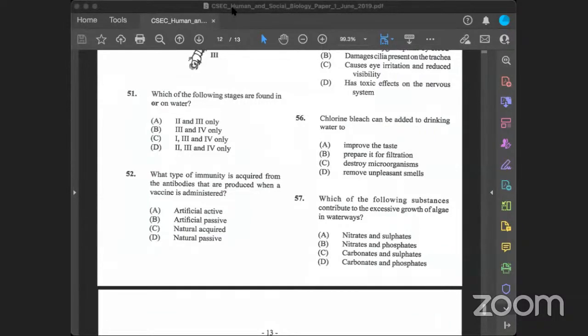Passive immunity, the body is receiving the antibodies. That's automatically giving your answer there. It shouldn't be any passive. So automatically B and D are out. The body is making the antibody, a vaccine. We give a weakened pathogen. So we are artificially giving the pathogen. So it's active artificial. Your answer is A.